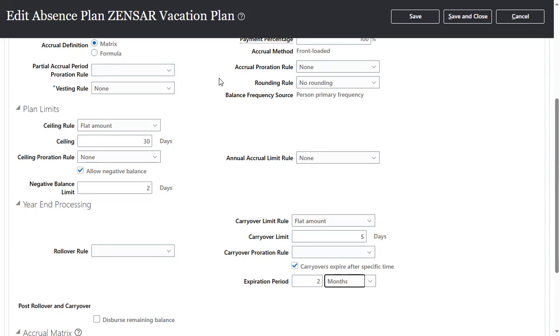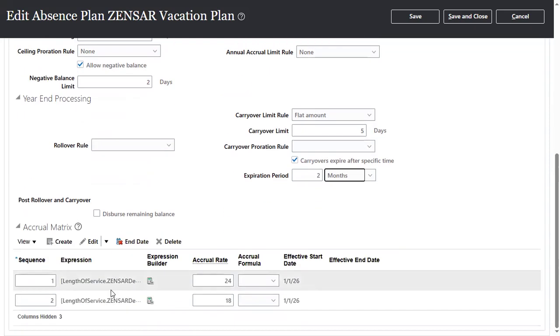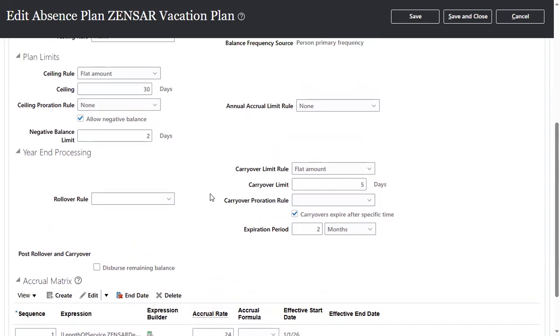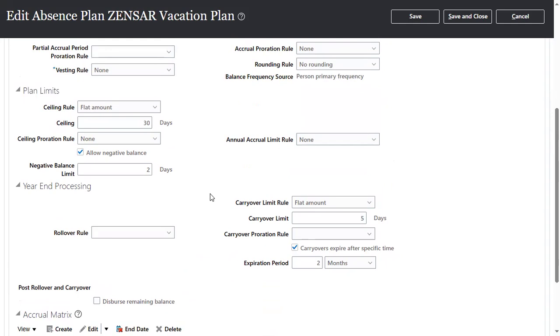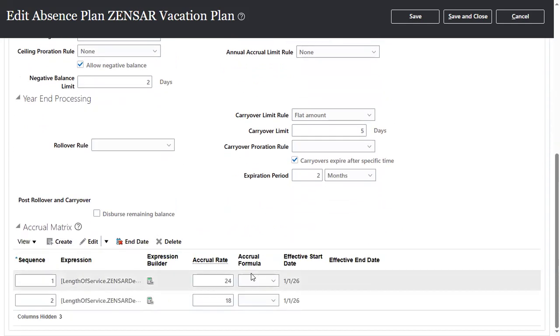So in fast formula, where do we configure this accrual matrix formula? Here is the accrual matrix formula. So what are the rules we can configure here? Ceiling rule formula: when you choose ceiling rule formula, you will find it here in accrual formula, ceiling rule.